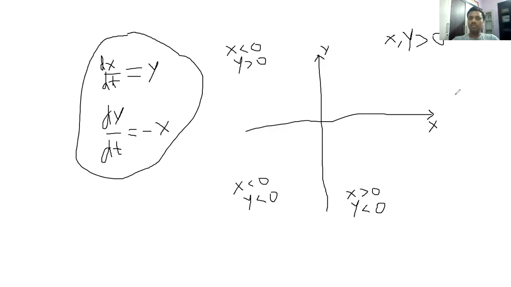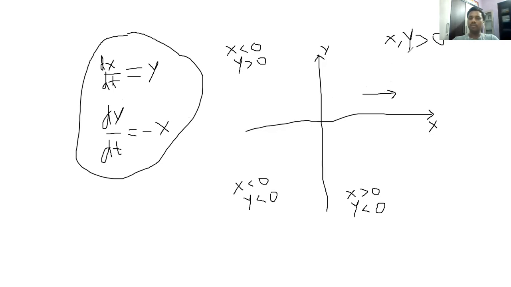If dx over dt is positive, means the arrow will point in this direction, to the right-hand side. If dx over dt was negative, then you would make an arrow in this direction. Now what will be dy over dt? x is positive, so that will be negative.